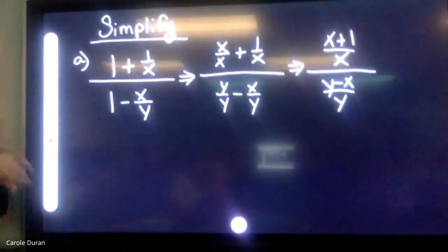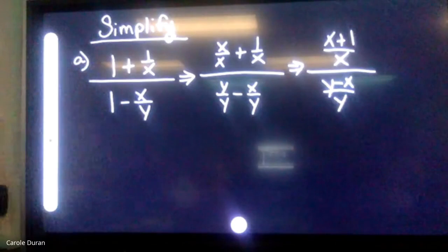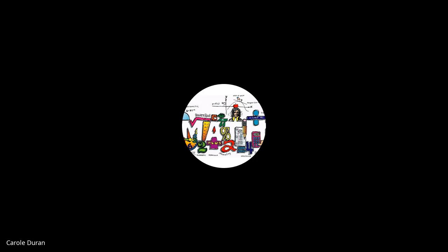So we flip the bottom fraction and multiply it into the top. So this becomes x plus 1 over x times y over y minus x. So I flipped my bottom fraction and multiplied it into the top.